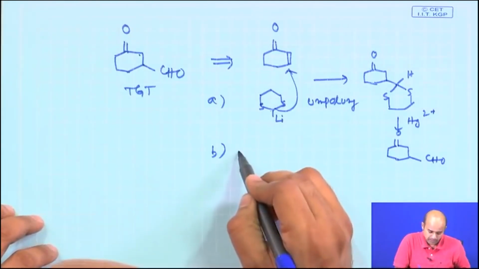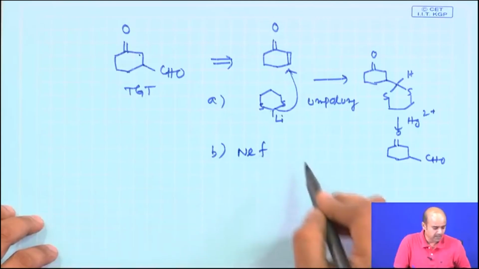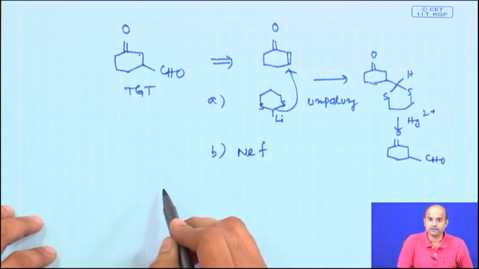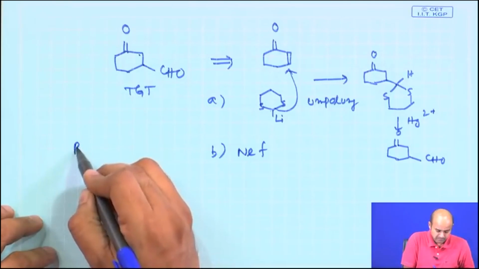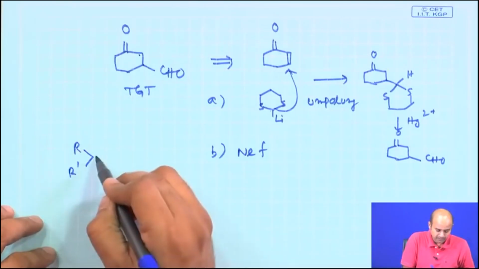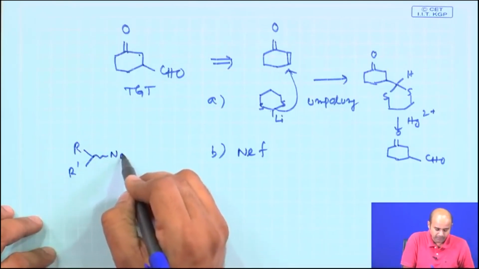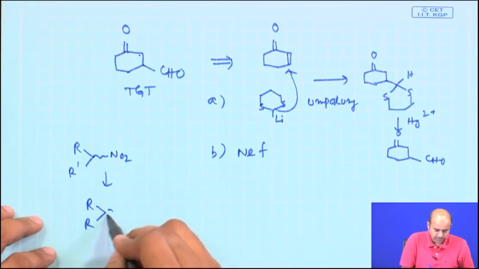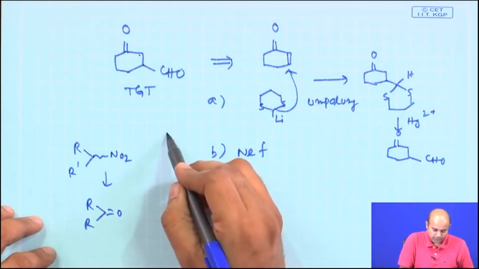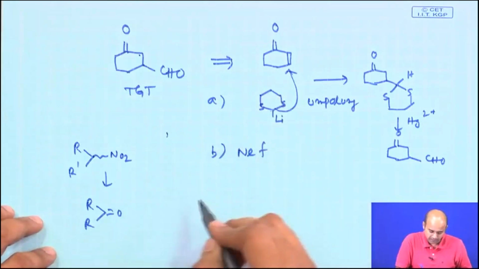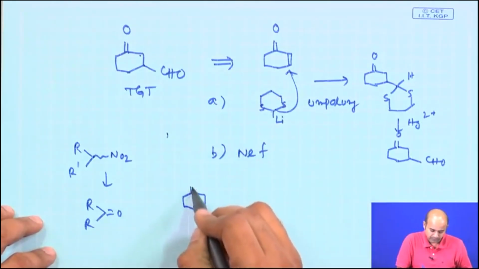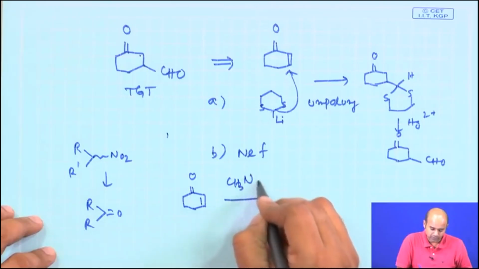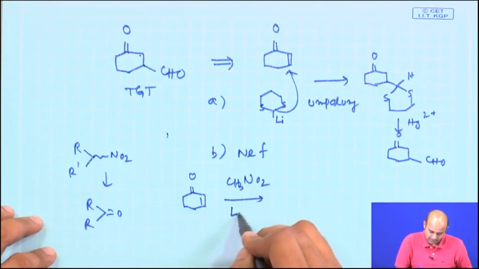Try to remember, we have talked about a reaction called the Nef reaction. In this case, for the Nef reaction, I said the disconnection will be something like this. You have a nitro compound that will be converted to the corresponding ketone compound. So, what will be your approach? You take this starting material cyclohexenone, and react with nitromethane and a base.